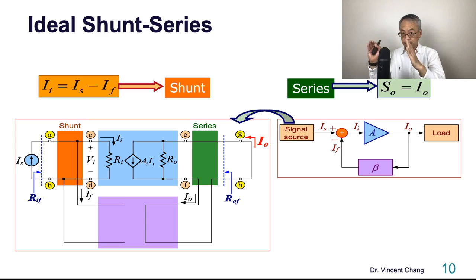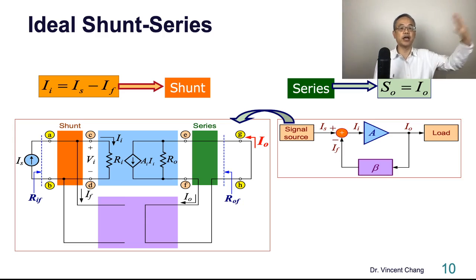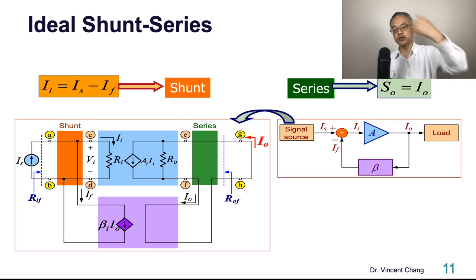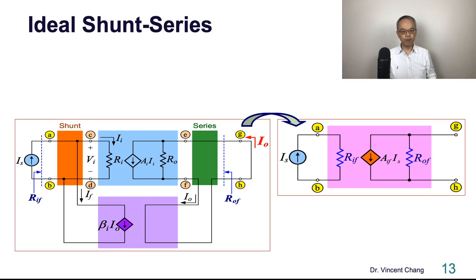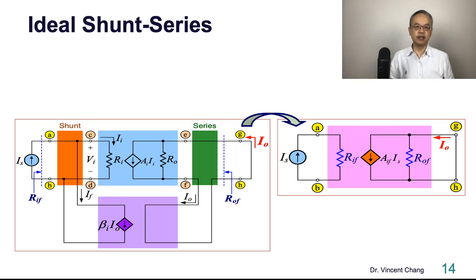On the left, II times AI equals IO. On the right, the ideal structure tells us II times A equals IO. They are equivalent. And the last one, the current-controlled current source: IO times beta equals IF. So again, three components: RF, closed loop current gain, and closed loop output resistance, Norton equivalent.